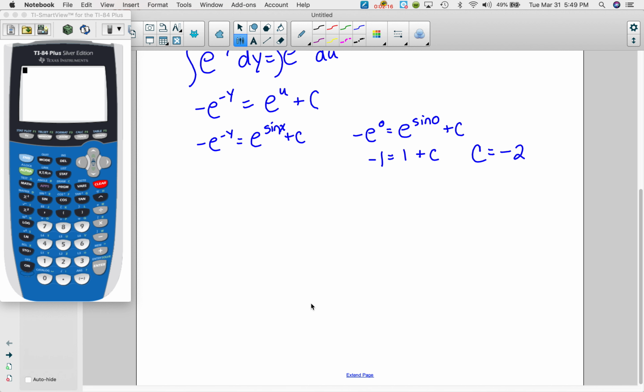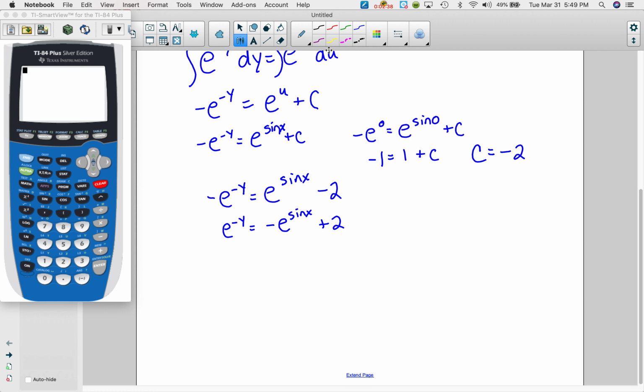So now I have negative e to the minus y equals e to the sine x minus 2. I'm going to multiply both sides by negative 1, so I get e to the minus y equals negative e to the sine x plus 2.